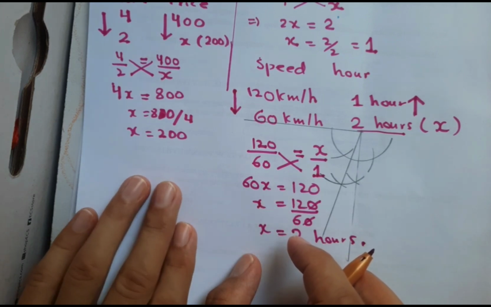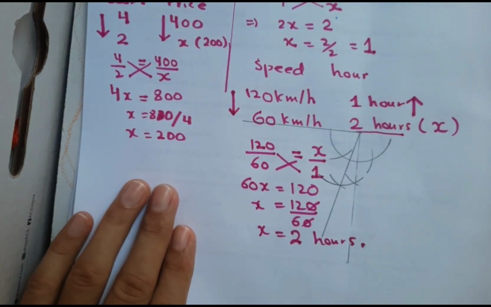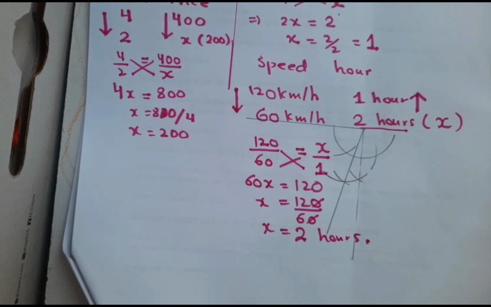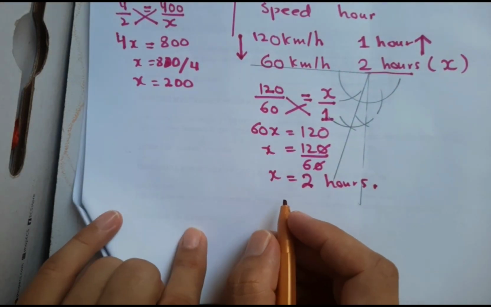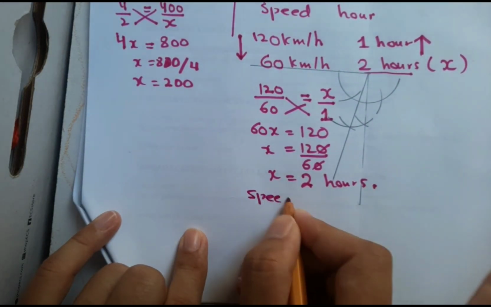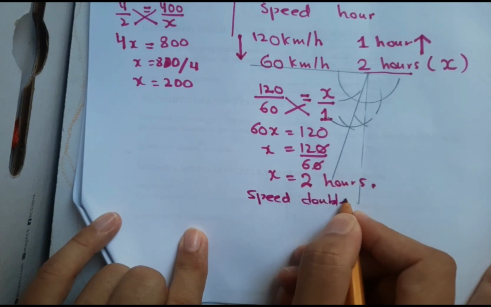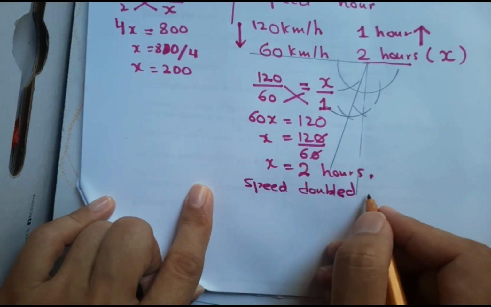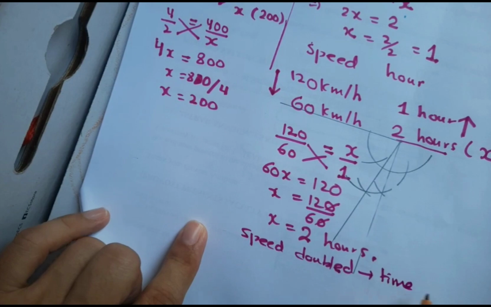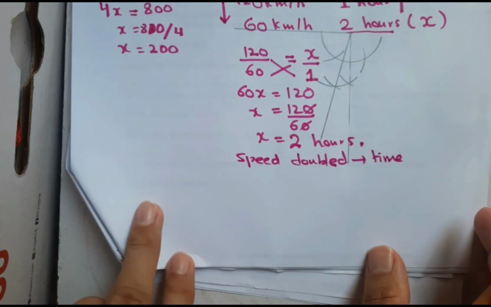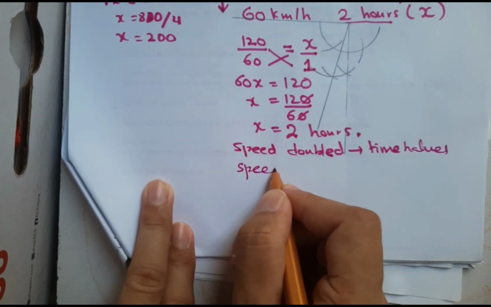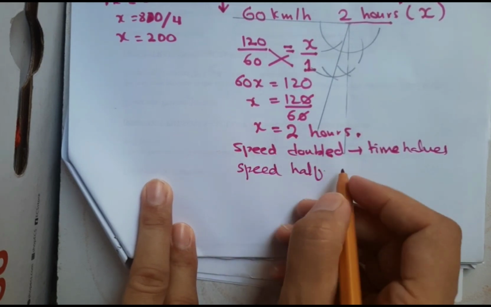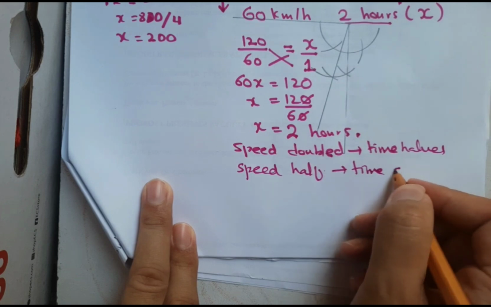So what you have noticed in the inverse case is that when the speed was halved, the hours increased, right? That is, when you double the speed, the time halves, and when you halve the speed, the time doubles.